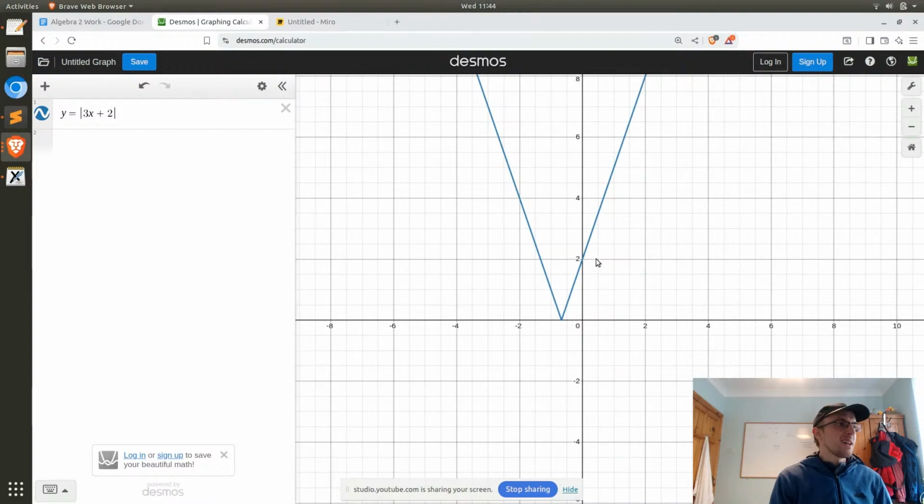Distinguished points. That point right down there is called the vertex. These two parts of the absolute linear function are called the rays of the vertex. R-A-Y-S. This is the right ray and this is the left ray. We would say that it's a V shape opening upwards, if you like. Now, obviously we want to be able to get the vertex.